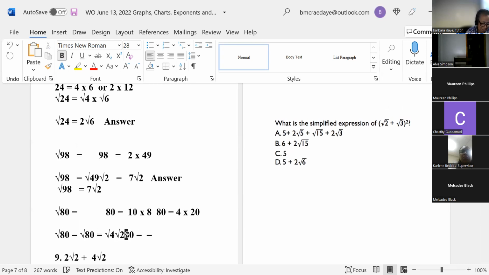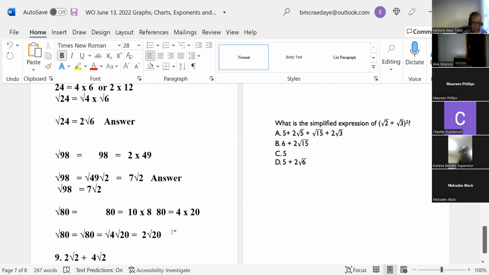Okay, Maureen, you said 4 and 20, right? Now, what's the square root of 4? 2. So let's put out 2 here, and we've got the square root of 20. But 20 can be factored, Maureen. What are factors of 20? 4 and 5. 4 and 5, right?